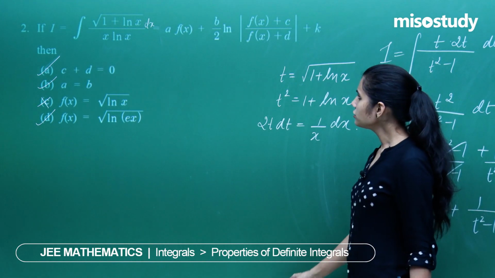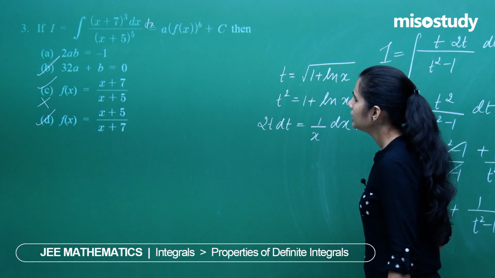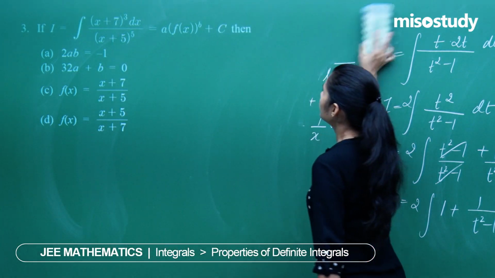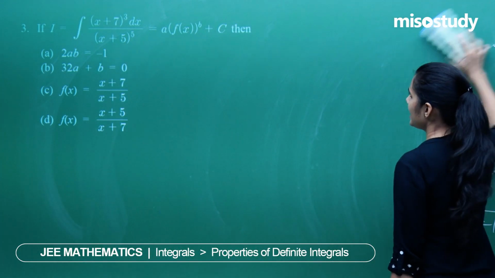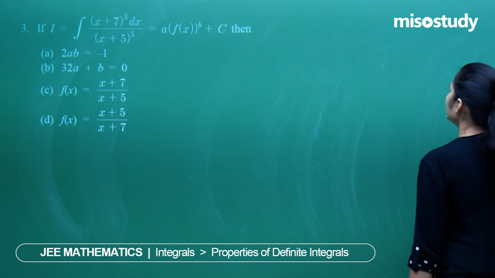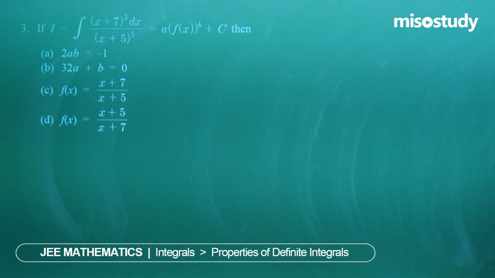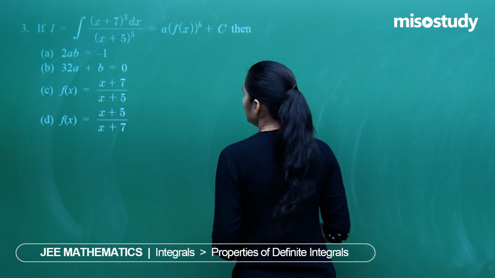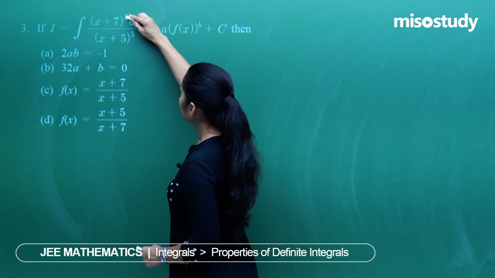Moving to the next one, we have I given to you, and again this is equal to a certain function a times f(x) whole to the power b plus c. In that situation, the question is talking about evaluating a, b, c, f(x), all these things. Here it is 3, here it is 5.